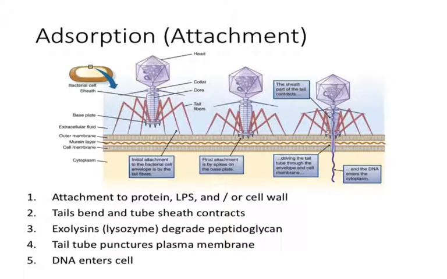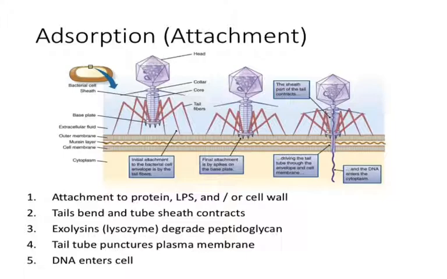Myoviridae contract. I'll show a video of it in a minute. There have been some really exquisite studies looking at what happens when myoviridae attach to the host cell. The first step is attachment of the tail fibers to the receptor. This causes the virus to buckle, and it pushes the base plate into the outer membrane surface.